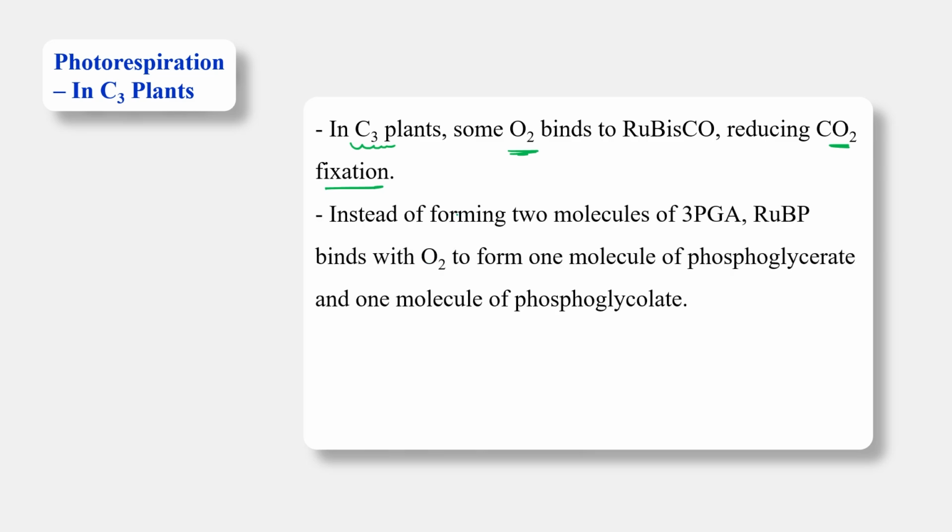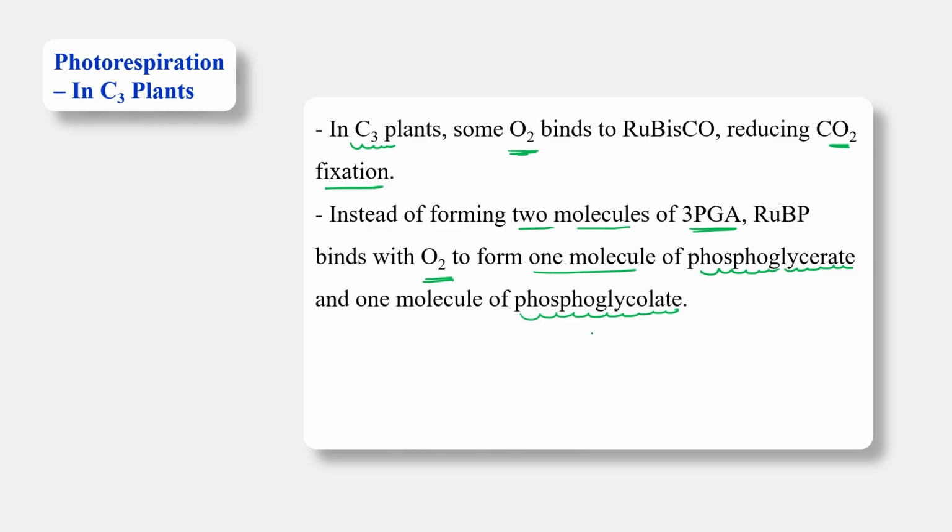In this type of condition, instead of forming 2 molecules of 3-PGA, which normally happens during the Calvin cycle, RuBP, ribulose bisphosphate, binds with oxygen to form 1 molecule of phosphoglyceraldehyde and 1 molecule of phosphoglycolate.